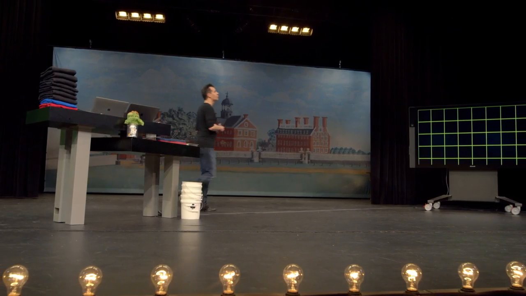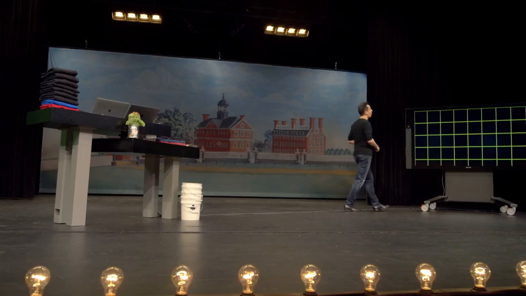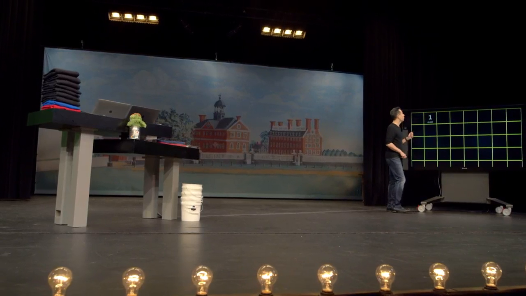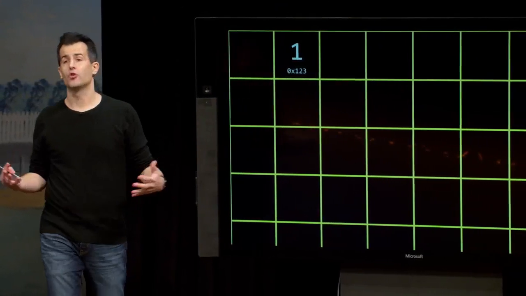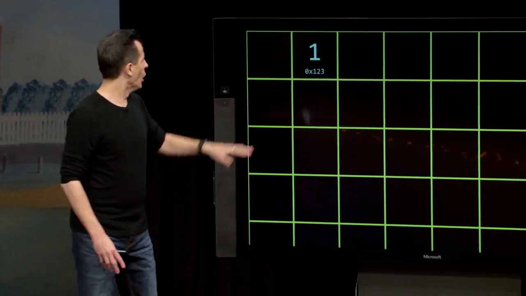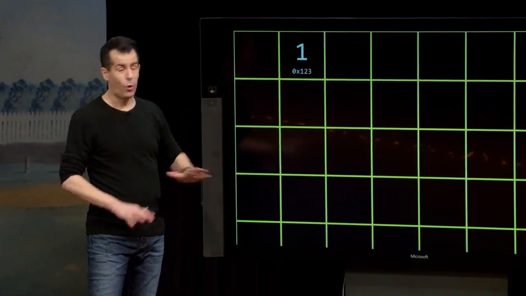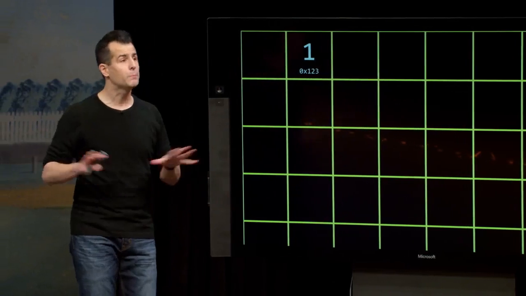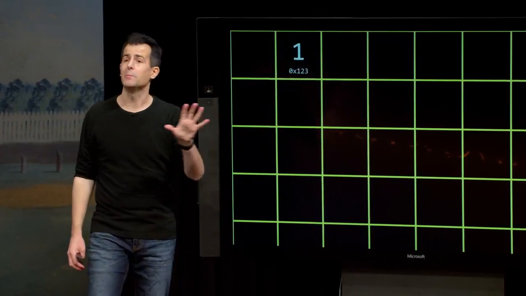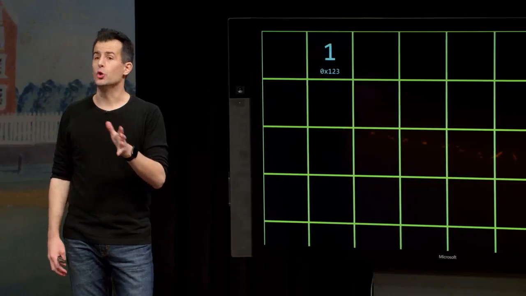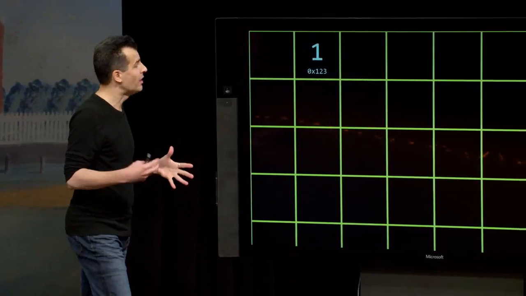So what might this look like? Well, let's consider again our computer's memory. And let's propose that I want to store those same values again. So like the number 1. And just for the sake of discussion, suppose that it's in my computer's memory at address 0x123. 0x just means it's a hexadecimal number. 123 is completely arbitrary. I made it up just for the sake of discussion. So let me stipulate that that's where the number 1 happens to be in the computer's memory in this new solution to the problem of storing lots of data.